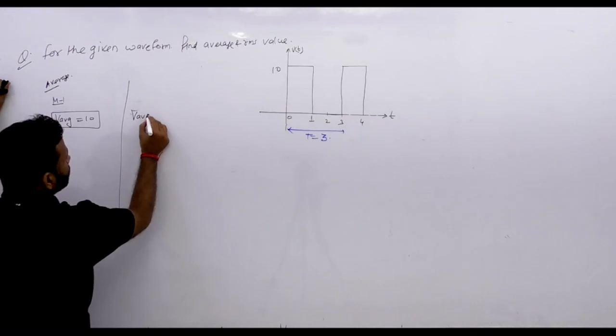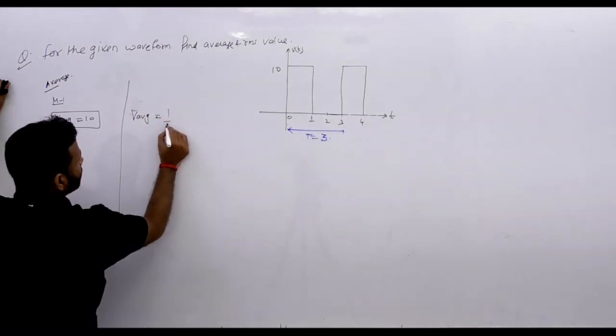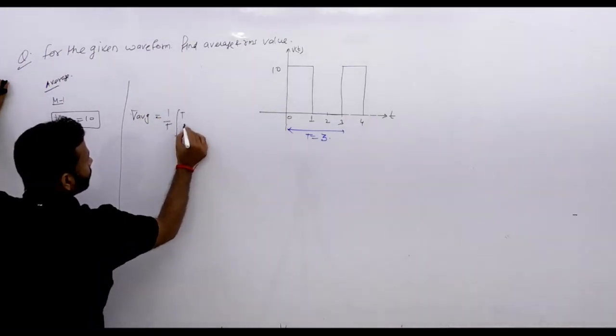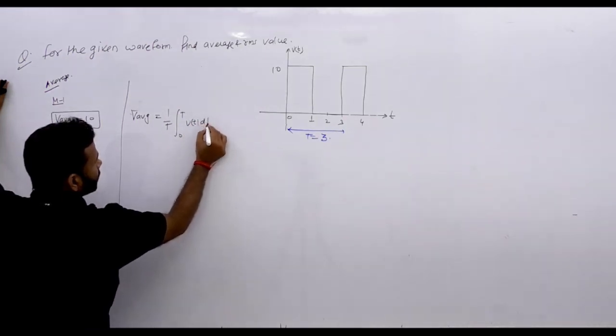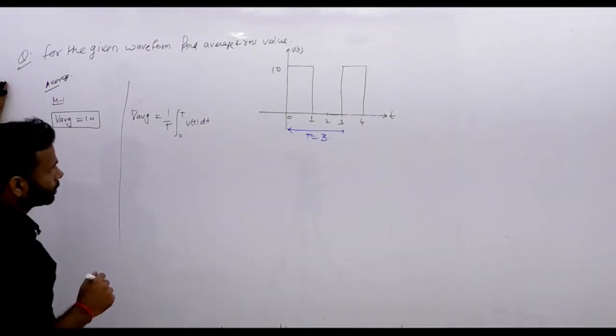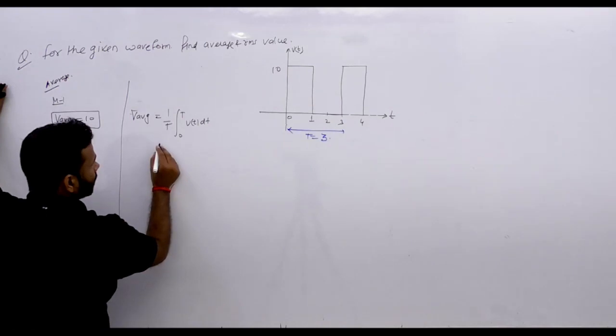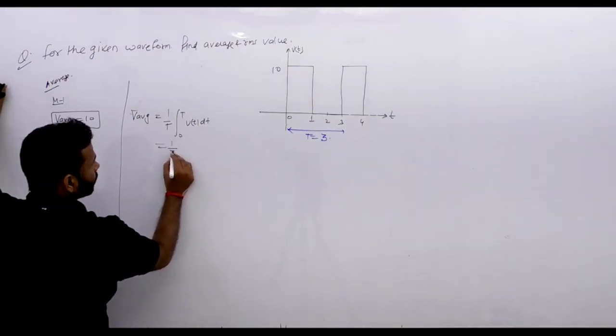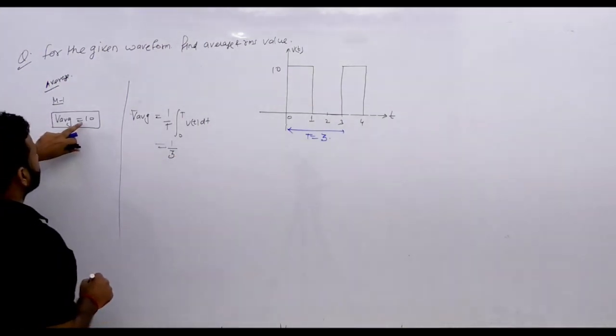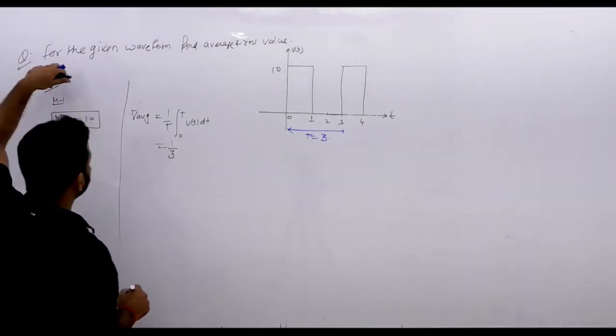V average equals 1 by T, integral 0 to T of v(t) dt. So it is 1 by 3, because we are not taking the 3, that's why we are getting a wrong answer.